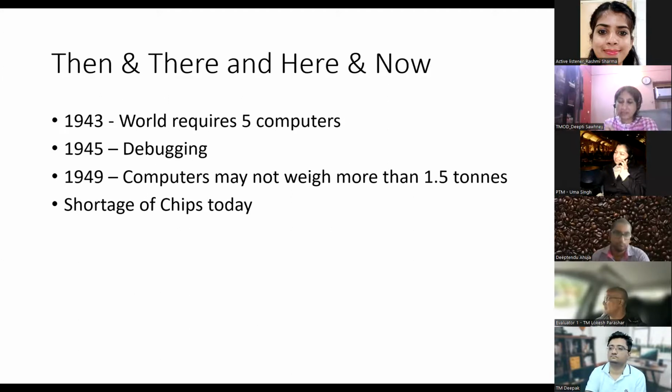And this shortage of chips is on even until today. They predict that it will go on until 2023. That is when the shortage of chips will actually break even, and the entire set of industries which require those chips will come to a streamlined time. So this is the interesting part of the shortage of chips.